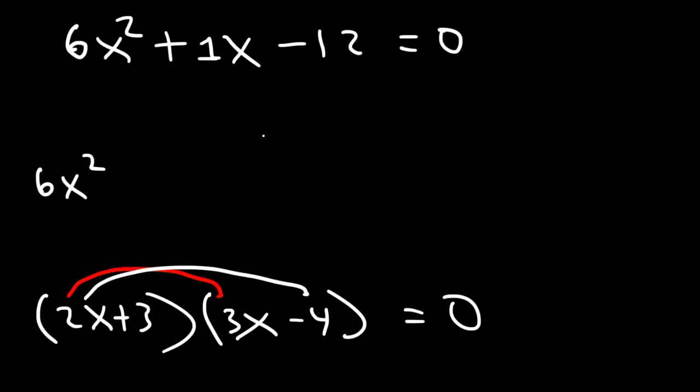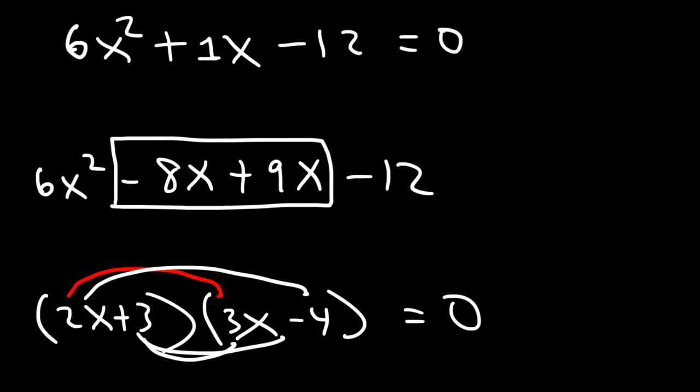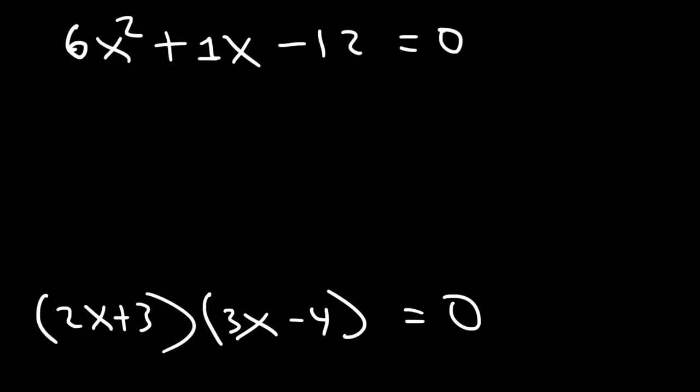And then 2x times negative 4 is negative 8x. 3 times 3x rather is 9x. And 3 times negative 4 is negative 12. And as we can see, if we combine these two, negative 8x plus 9x, it's going to give us 1x. And so what we have so far is correct.